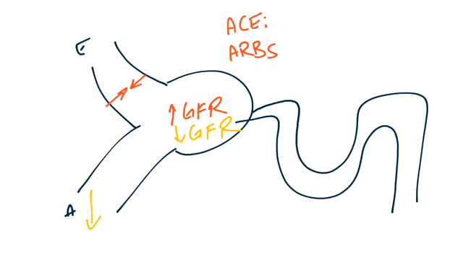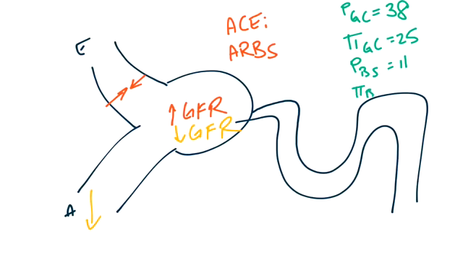What would the net filtration pressure be in a patient with a glomerular capillary hydrostatic pressure of 38 millimeters of mercury, a glomerular capillary oncotic pressure of 25 millimeters of mercury, a hydrostatic pressure in Bowman's space of 11 millimeters of mercury, and an oncotic pressure in Bowman's space of 3 millimeters of mercury?